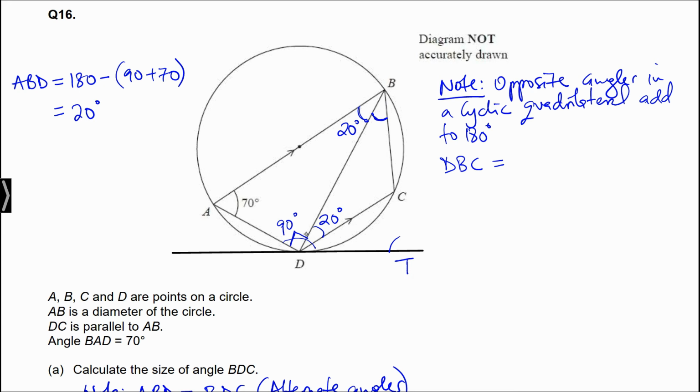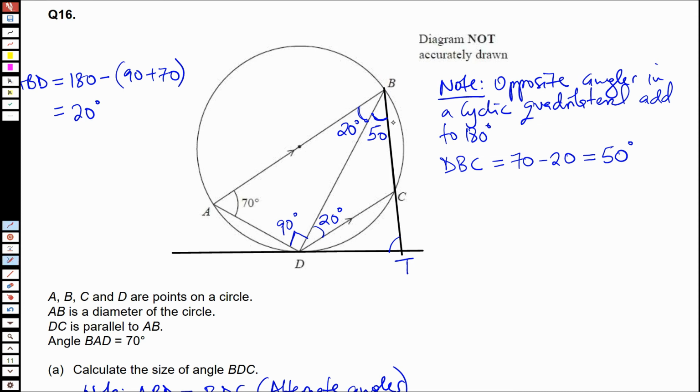If these two angles add up to 180, it means the whole of this angle will be equal to 70 degrees. So to find just that part, it will be 70 minus 20. I hope that makes sense. That will be equal to 50 degrees. So this angle here is 50.